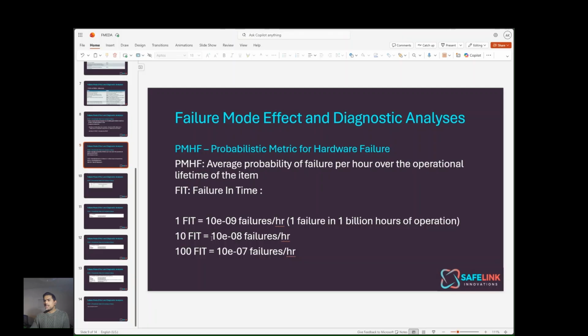Again, 10 FIT is 10 to the power minus 8 failures per hour, 100 FIT is 10 to the power minus 7 failures per hour. So our goal here, in terms of FIT, is to define, in a given system that we are building, the probability of failure of our system.